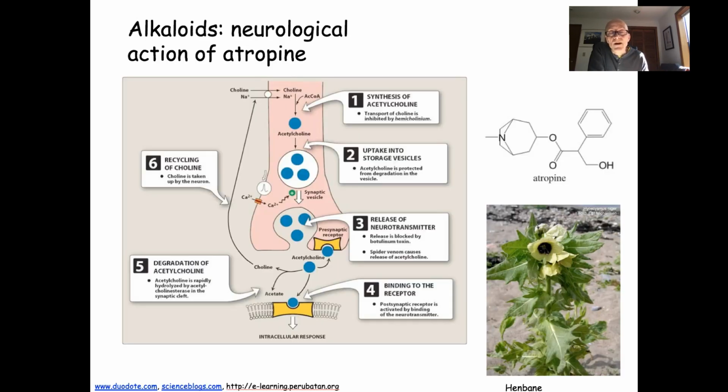Okay, and the second compound I wanted to spend just a few minutes thinking about is atropine. Atropine comes from the plant henbane. Belladonna is a term that's been used.